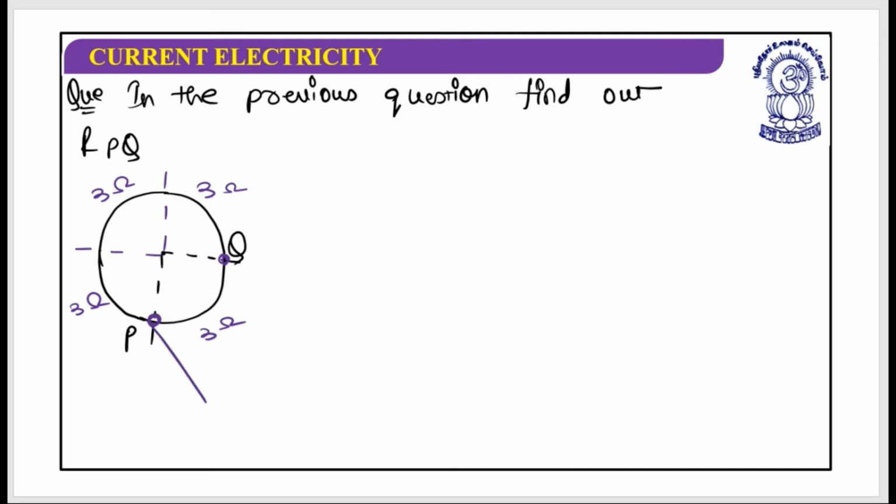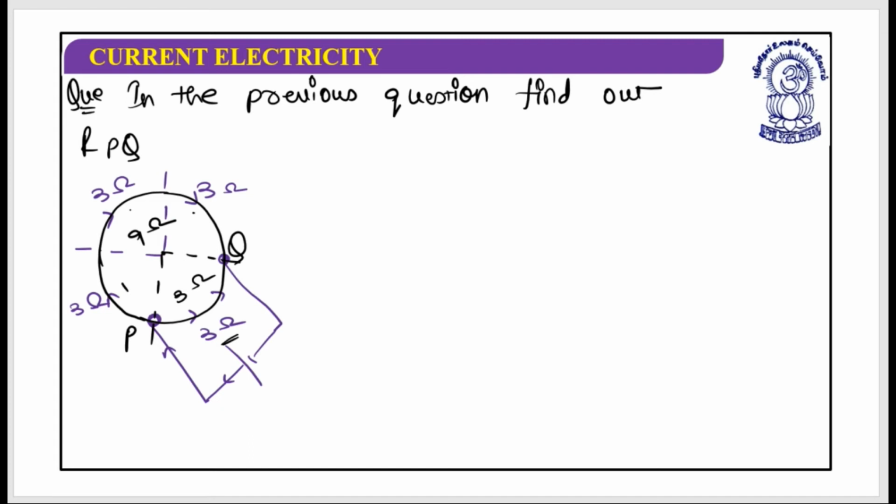So the situation would be something like this. A certain current is passing through this, and some other current is passing through this. So this resistance is 3 plus 3 plus 3, that is in totality 9 ohm, and this resistance is 3 ohm.